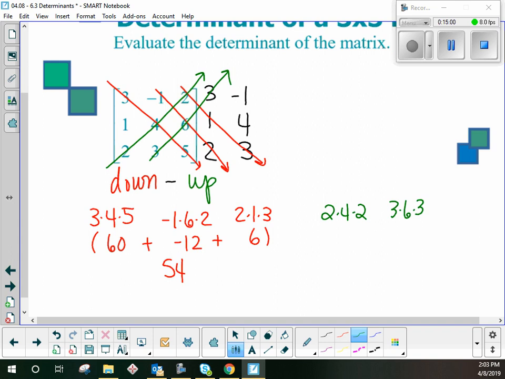And your last up diagonal. 5, 1, negative 1. Yep. So multiply those together. Add them.